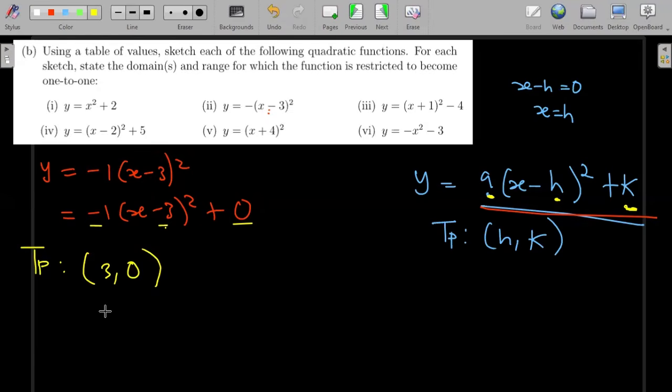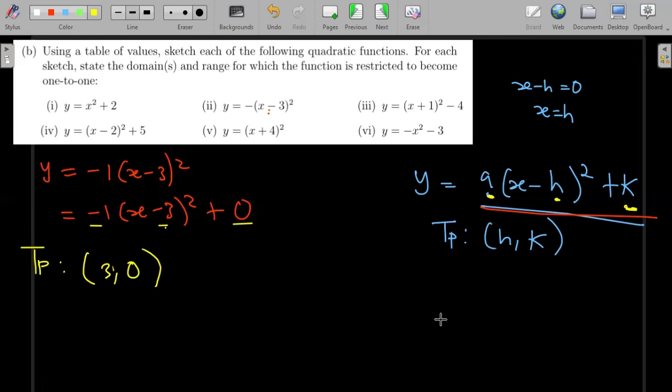And then we're going to do a similar thing that we did. We look at the x coordinate here, and then we try to pick values below it and above it.